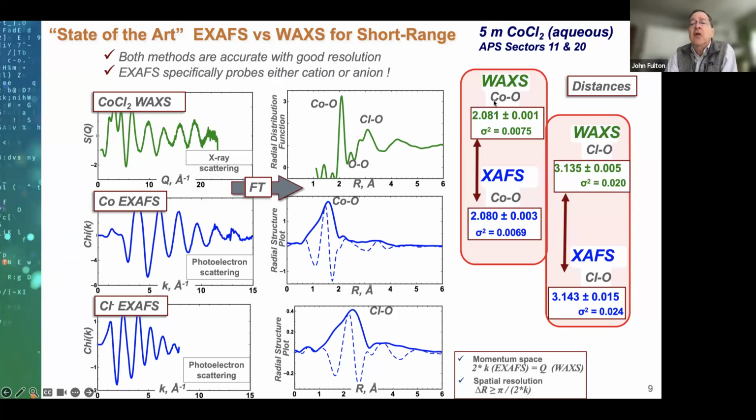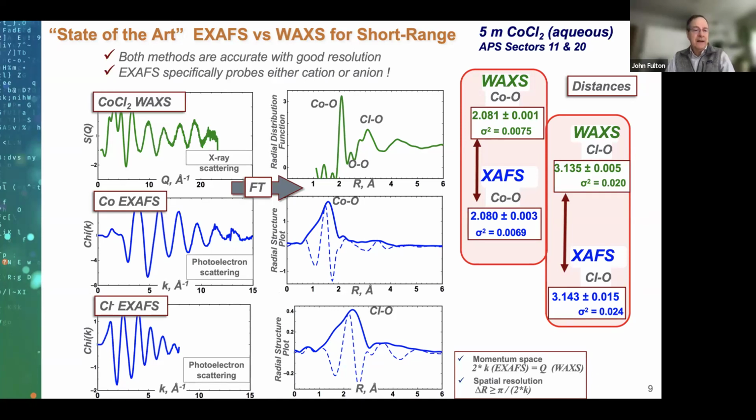In fact, the cobalt-water distance for X-ray scattering versus XAFS is within a few thousandths of an angstrom. We have excellent agreement with the Debye-Waller factor, and likewise for the chloride structure, the chloride-water distance is within a little less than 100th of an angstrom in agreement.